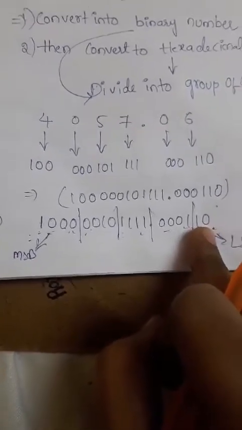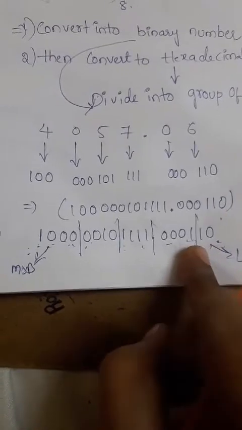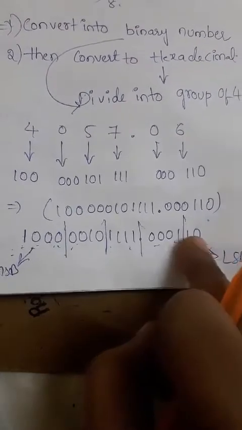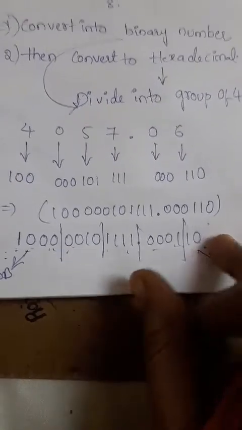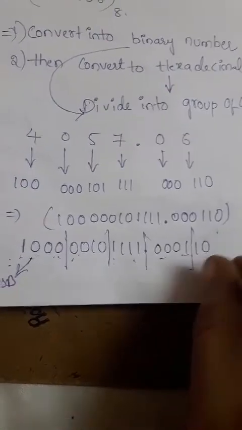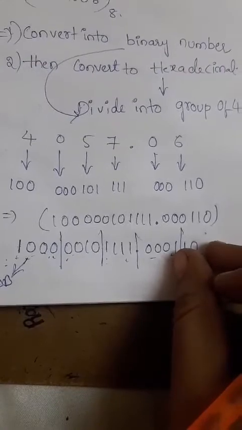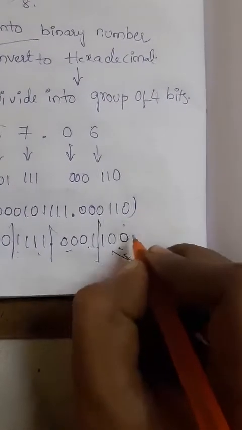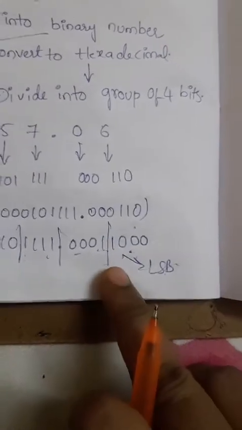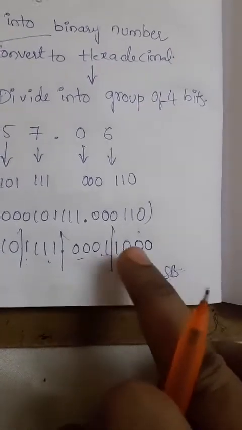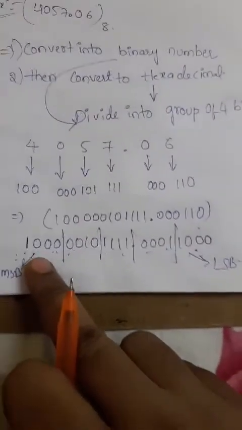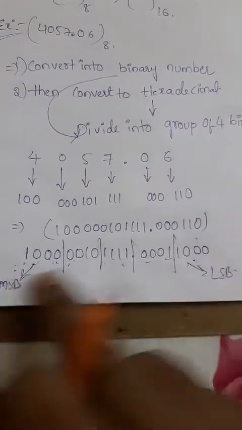So I add 2 zeros to make it a complete group of 4 bits. Finally, all numbers have groups of 4 bits.